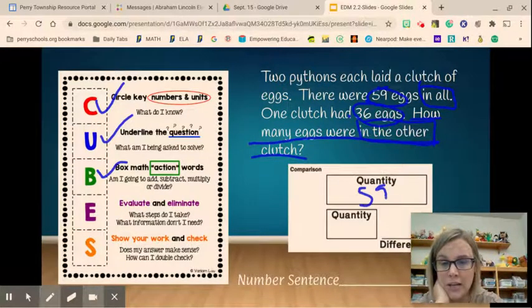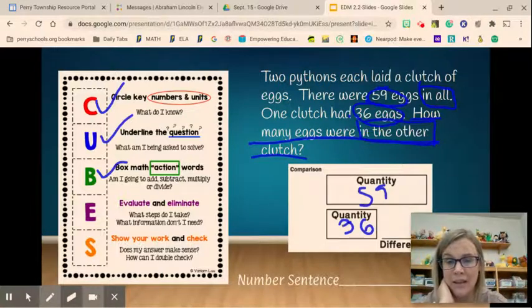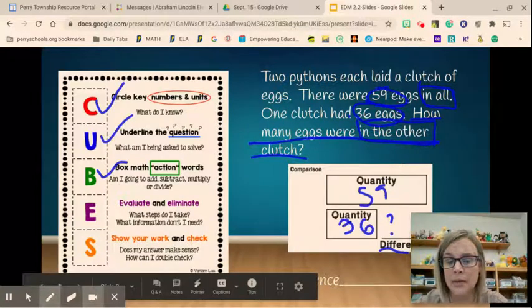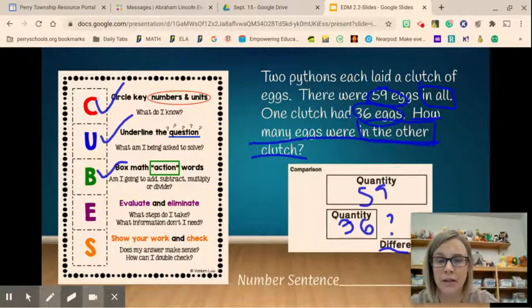And then one clutch had 36 eggs. So I'm going to put 36 in this quantity. I need to know how many were in the other one, so I'm finding the difference down here, and that's where my question mark would be. Finding the difference means I'm going to subtract. So I'm going to have to do a subtraction problem where I'm going to say 59 minus 36.